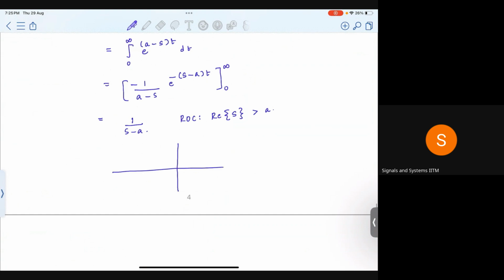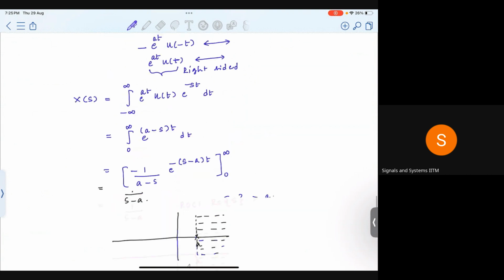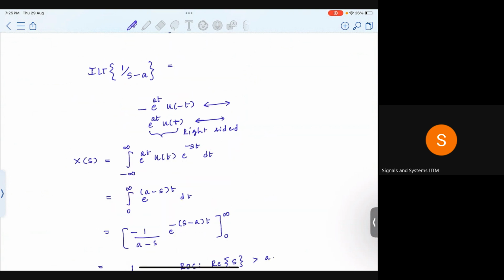The pole is at a and the given signal is right-sided. So for this signal, the Laplace transform is 1 by s minus a, and the region of convergence is real part of s greater than a.